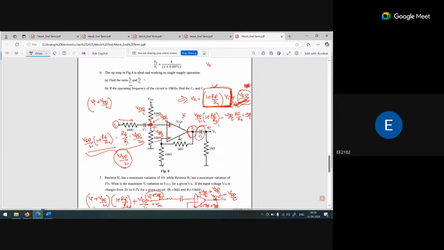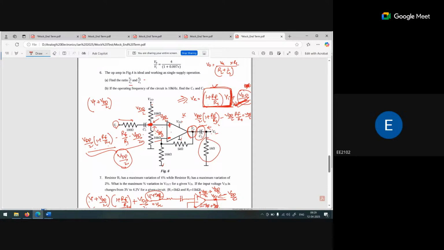V out is what? Vx divided by RL plus 1 by CS, multiplied by the RL. Basically the voltage divider. The voltage across 1 kilo ohm is the V naught.